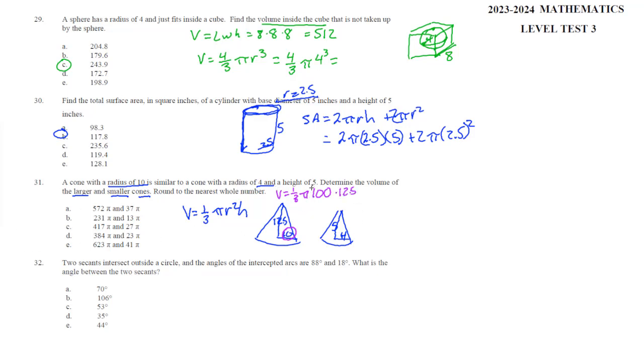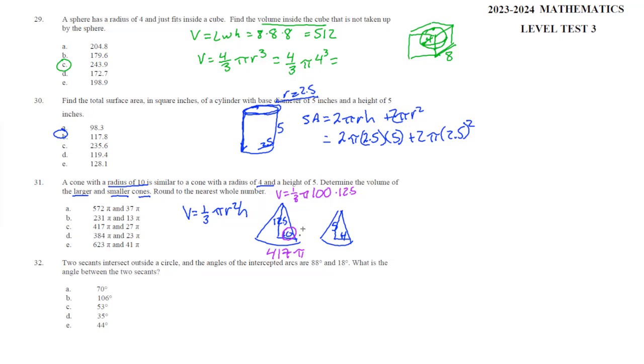Let me see if we can do that. 100 times 12.5 divided by 3. Let me see. That's 1250 divided by 3 is 416 pi. Roughly 416 or 417 pi. Let's do 417 pi. Oh yes, it'd be 416.666.